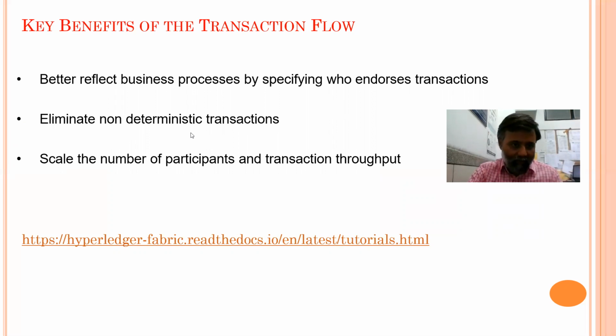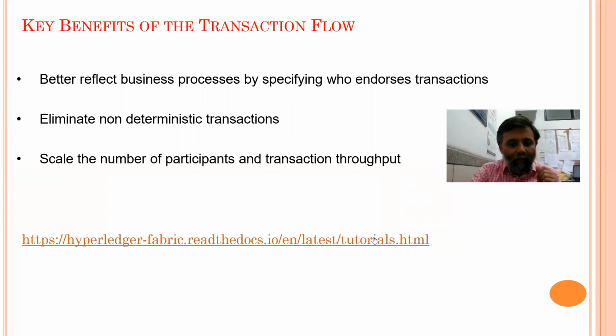This transaction flow is also important for scaling the number of participants and for transaction throughput as well, because any peer can participate as an endorser, or as an endorser and committer both, or only as a committer. So it gives the opportunity for scalability of the number of participants on that network.